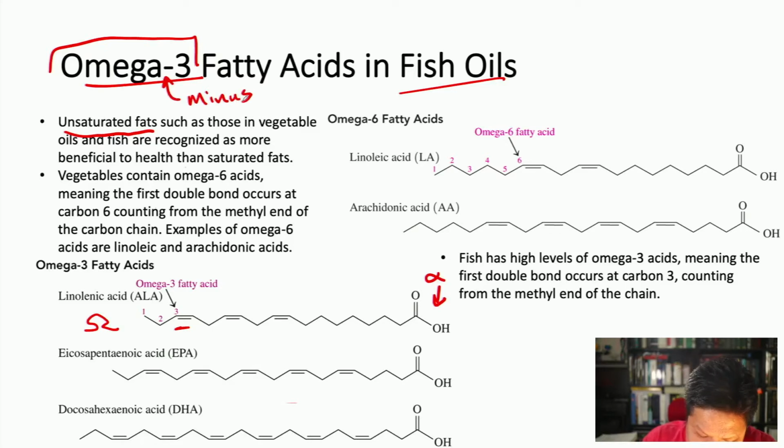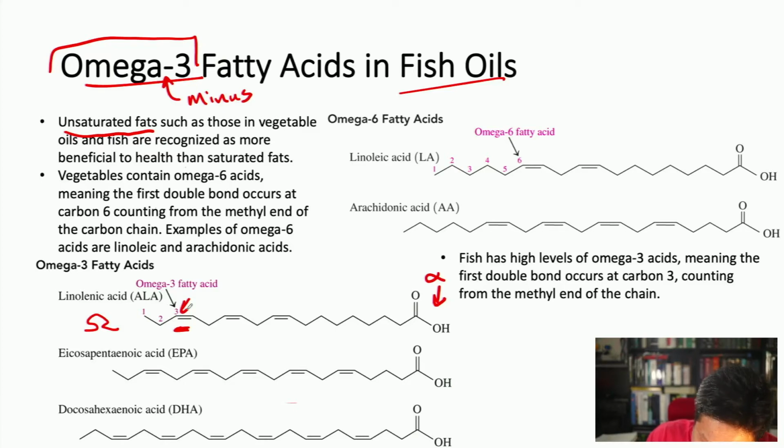And what that actually means, like I was saying before, is that, for example, in linolenic acid, or ALA, the double bond begins at the third carbon from the omega end of the molecule, right? So it's omega, right?